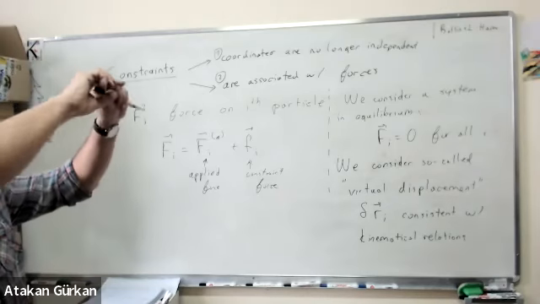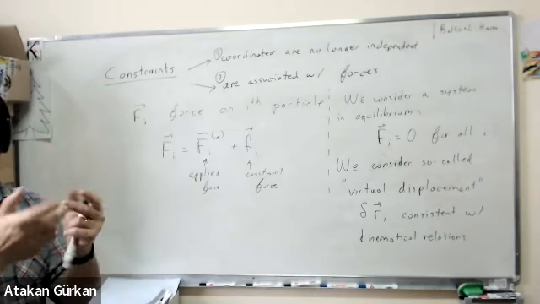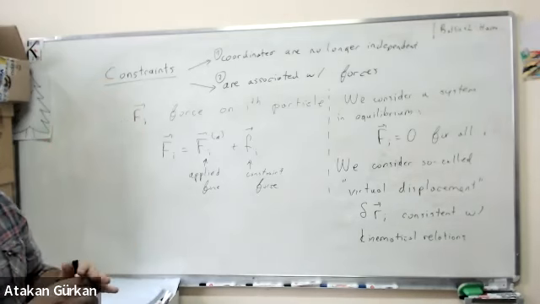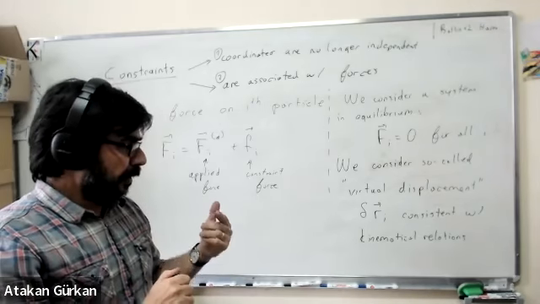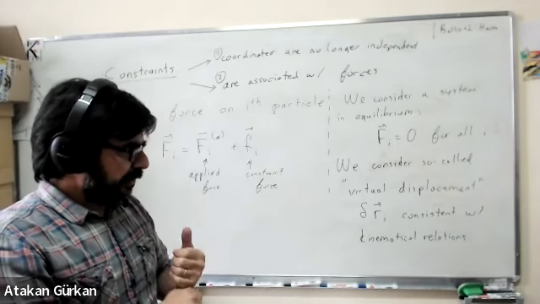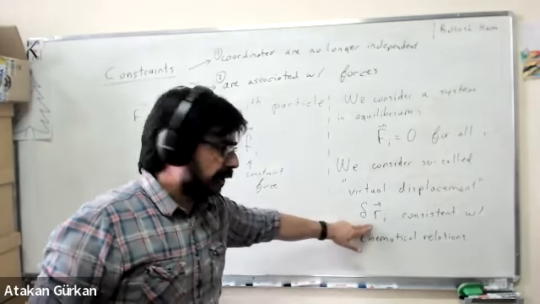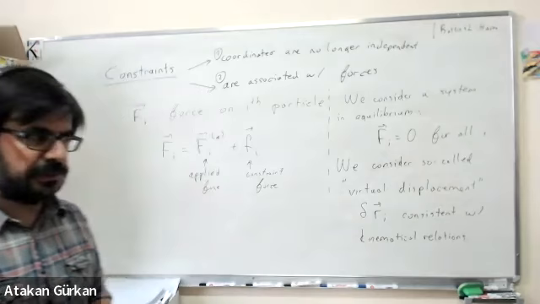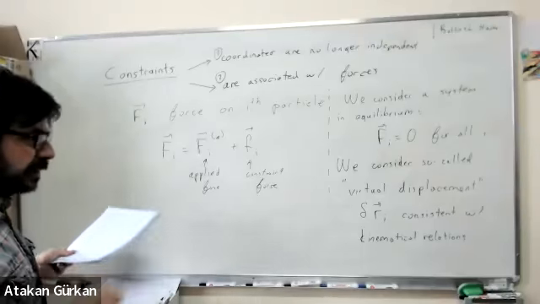For example, if you have a bead on a wire, you just move the bead a little bit on the wire. Obviously, in that case, because you have these kinematical relations, these constraints, your coordinates are not independent of each other. So not every small displacement is going to have independent components.